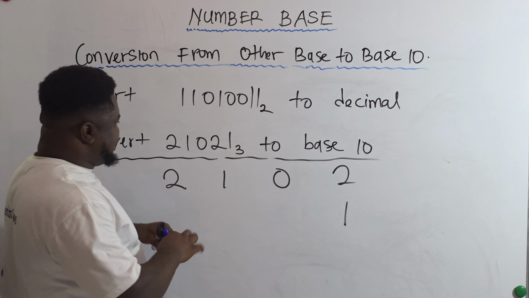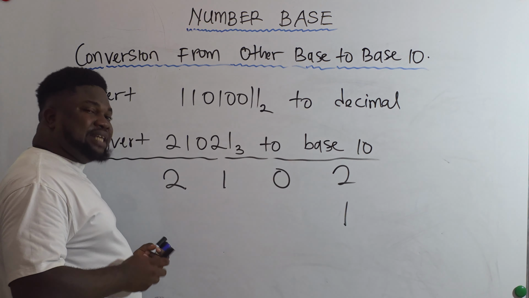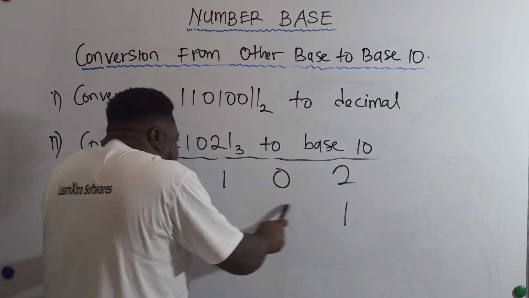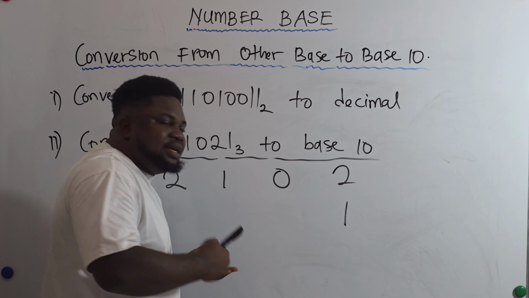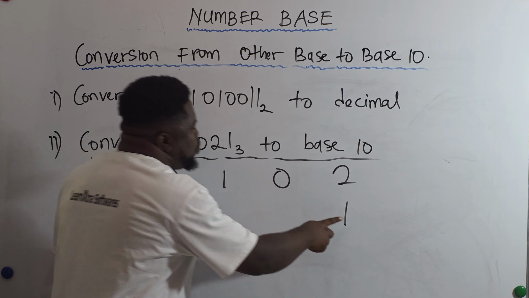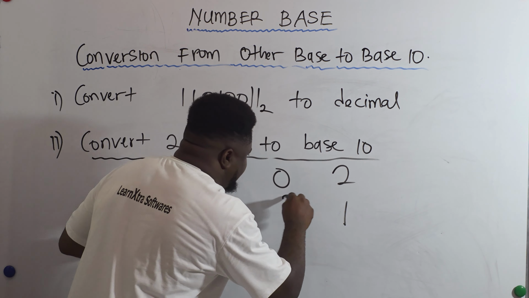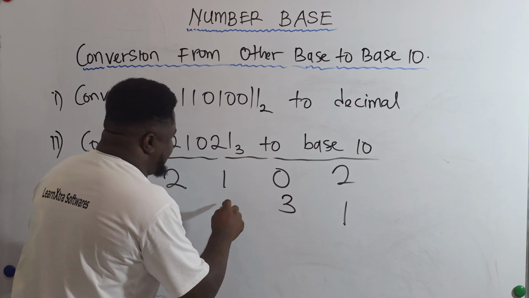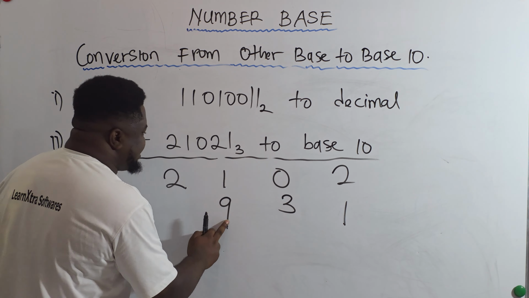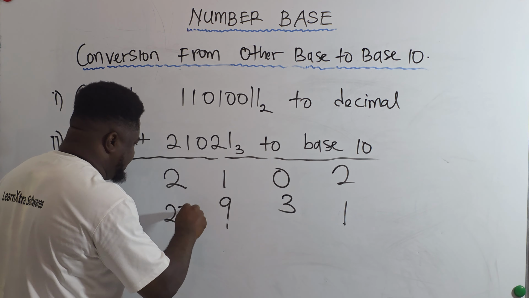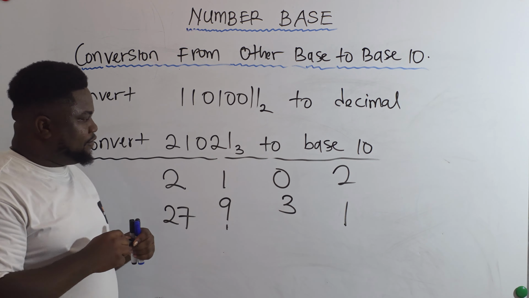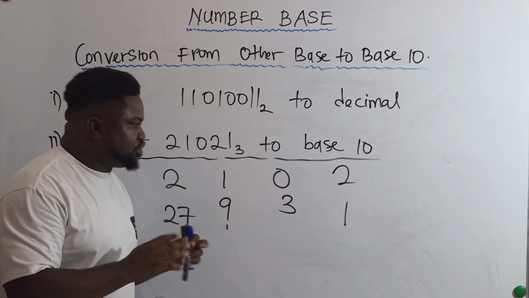Now we are working in base 3, so we get our positions by multiplying by 3. 1 times 3 is 3. 3 times 3, 9. 9 times 3, 27. We have given them their perfect positions.